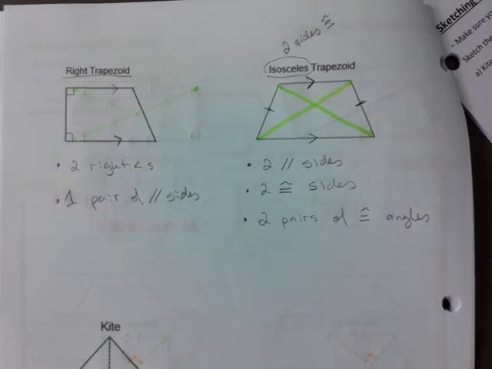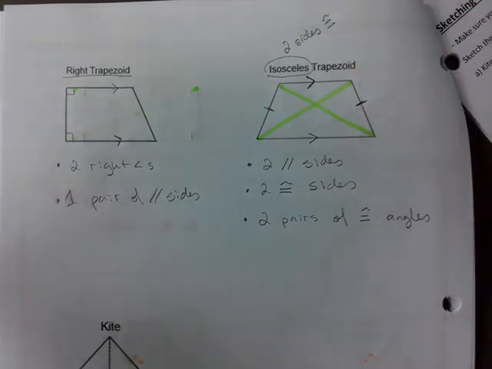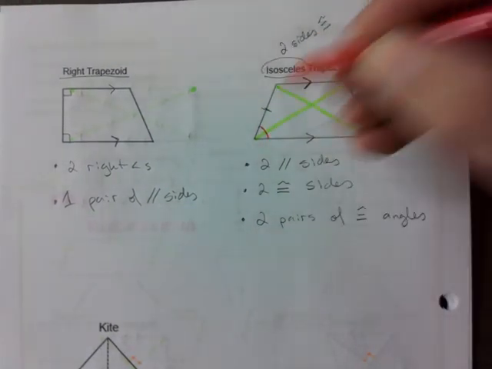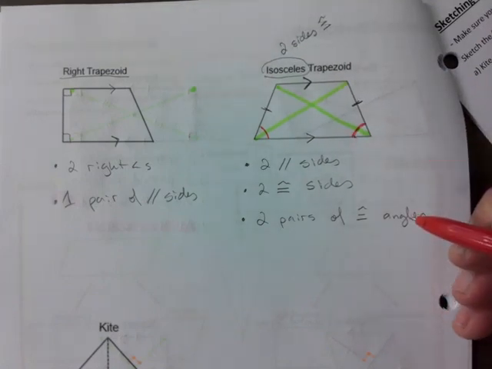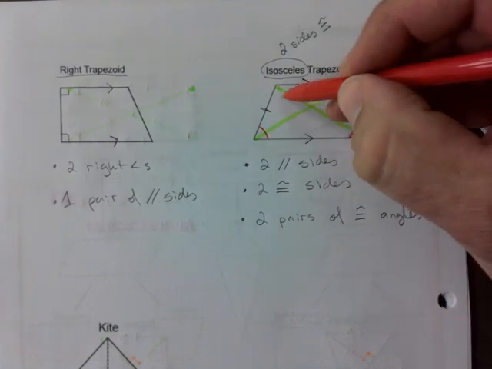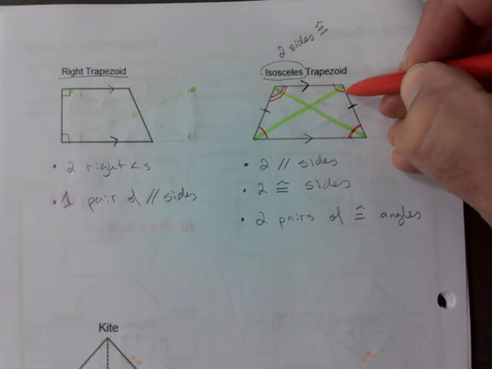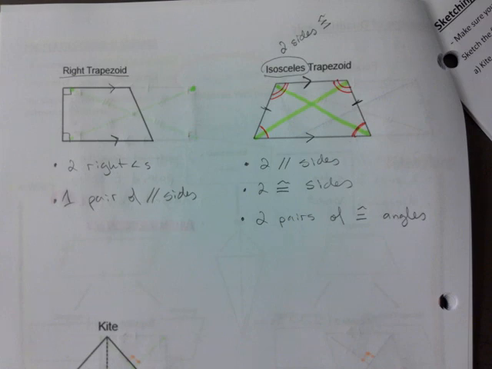Angles? It's a chopped off isosceles triangle. Think of it that way. So this angle, I'm going to use a different color, bring this to life a little bit, is going to measure the same as this one. Okay? So that's a marking. And these two up here, this one is going to be the same as that one. That's what I mean with two pairs of congruent angles.